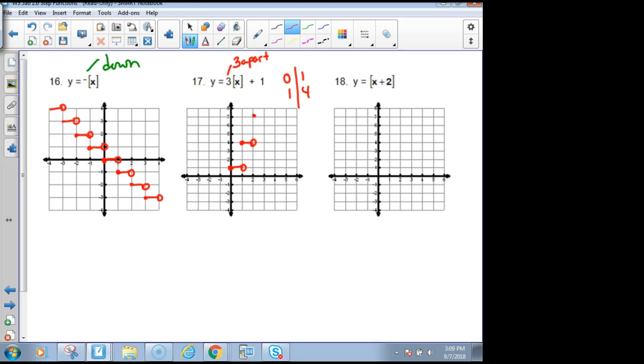Now you can just follow the pattern after you get the first couple of steps. And I can only put on here 1, 2, 3, 4 steps.